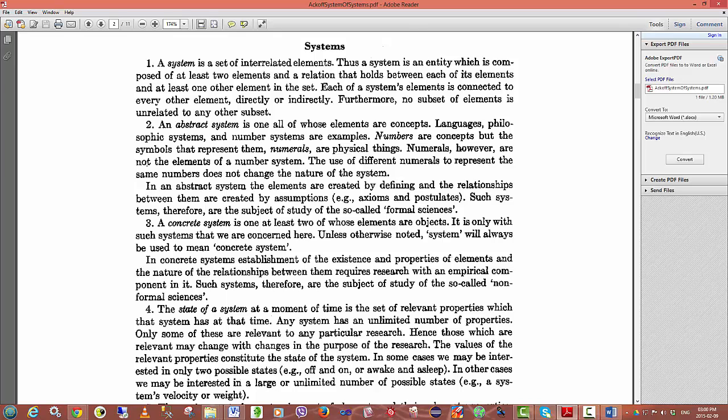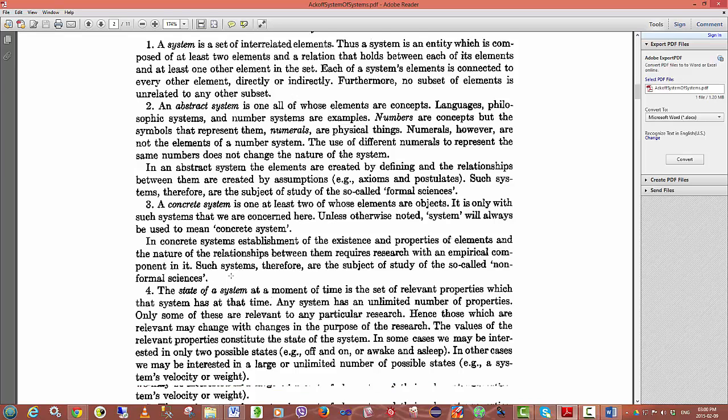Numerals, however, are not the elements of a number system. The use of different numerals to represent the same number does not change the nature of the system. In an abstract system, the elements are created by defining, and the relationships between them are created by assumptions. Such systems, therefore, are the subject of study of the so-called formal sciences.